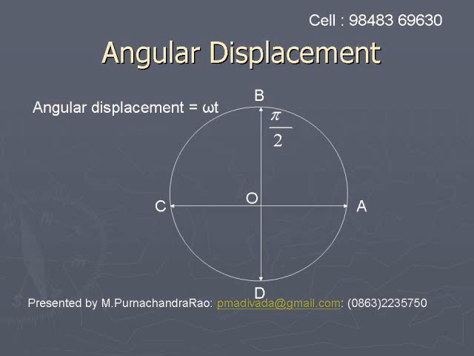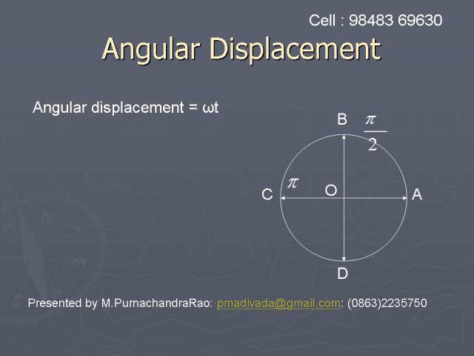As the particle moves from A to B along the circumference, the radius vector rotates about O and the angular displacement increases. When the particle comes to B, the angular displacement becomes pi by 2 or 90 degrees.